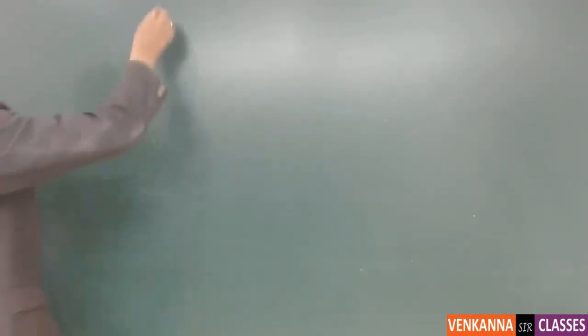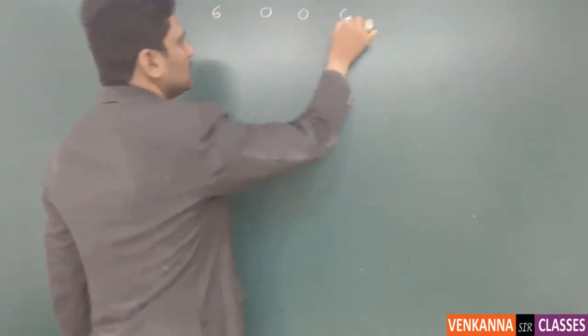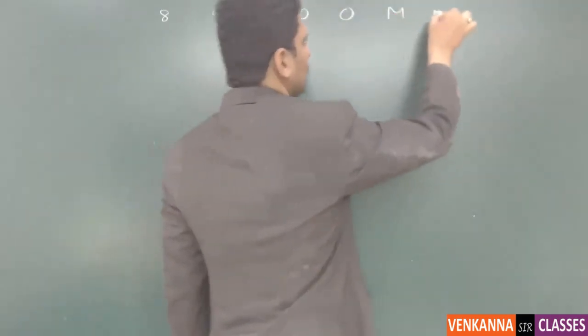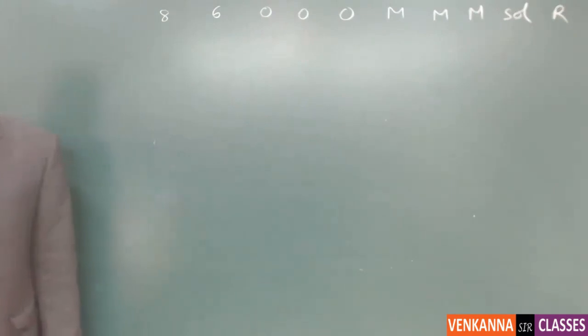Now I am taking the solution part. If you read the objective coefficients, it will be 8, 6, 0, 0, 0, M, then the solution, and you have the ratio, right?